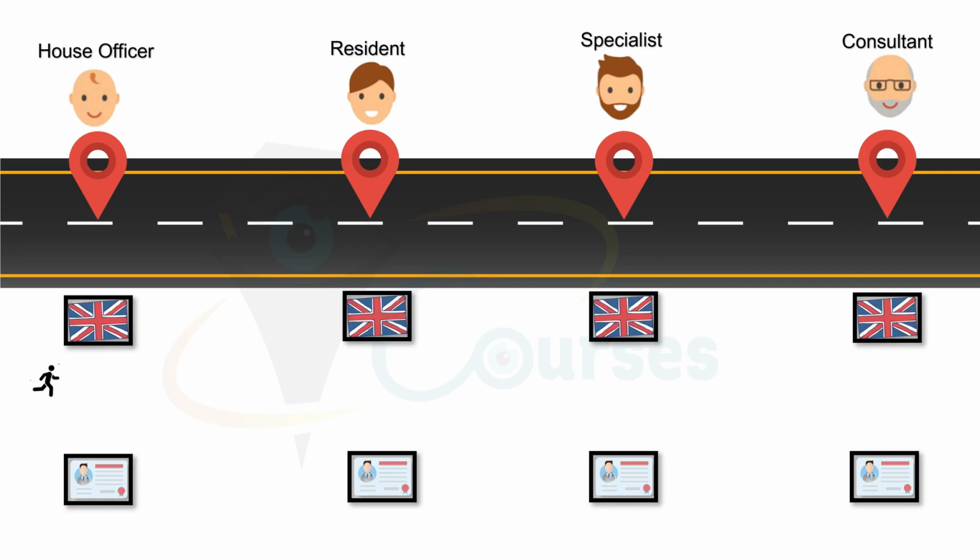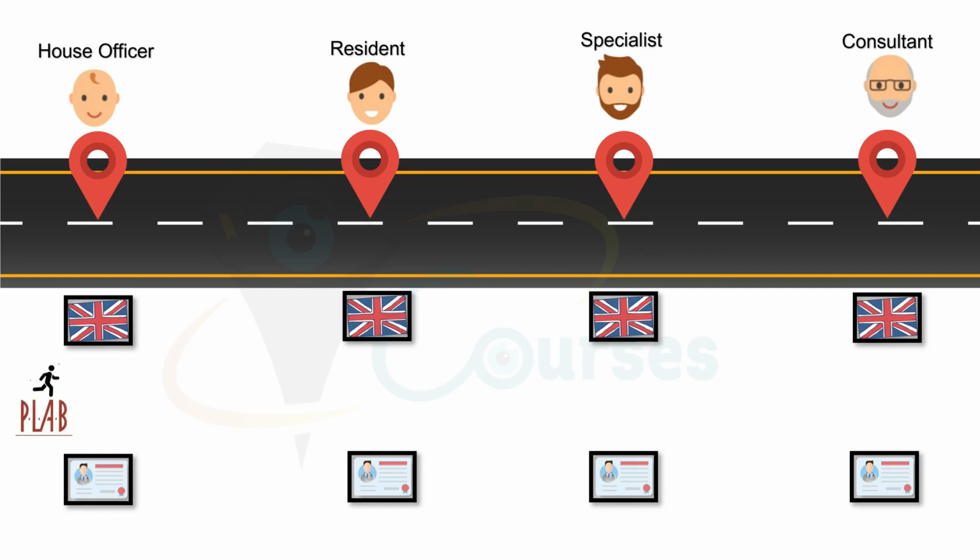So the fast track doesn't always have to be the best, or the money saving or the effort saving, but it will be only time saving. So for the fast track, it is just a matter of time. Okay, for the house officer, what will be the fastest way to travel to the UK? It will be the PLAB exam.